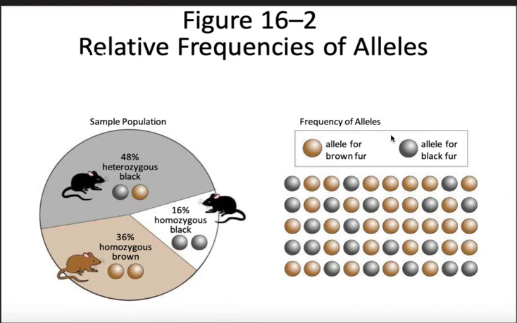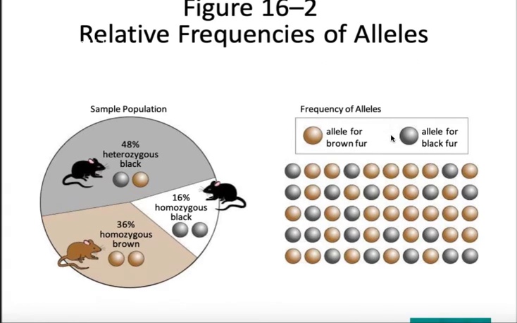So here's just an example of the mice and the gene pool. If we look at the gene pool in these mice, they have two genes. They can have the black color version of the gene or the brown color version of the gene. The gene pool would be over here. That's just all the genes that are available in the population.